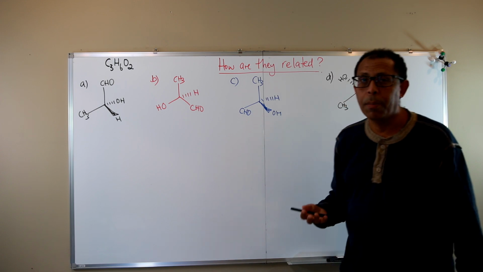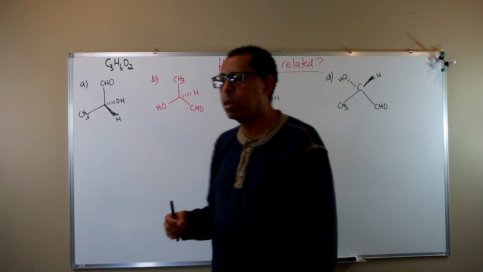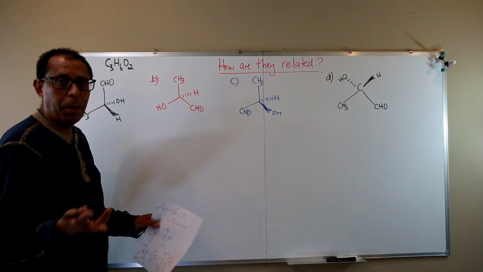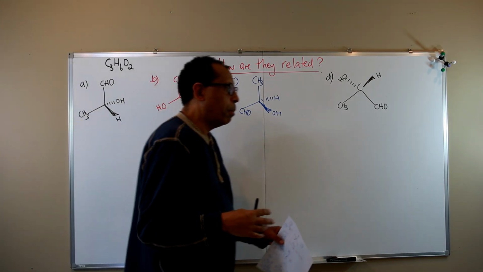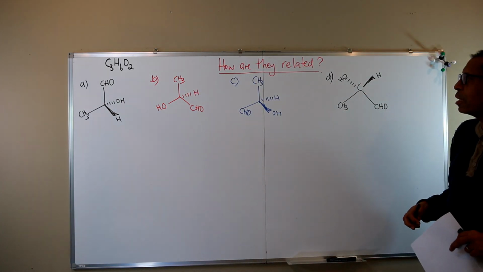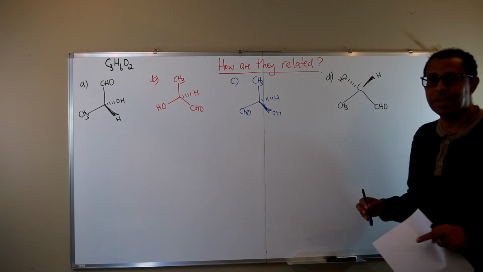Therefore these compounds mostly should be stereoisomers, but we want to know exactly how they are related. Some of them might be the same, some of them might be mirror images, that means enantiomers, some might not be related, or they might be the same.